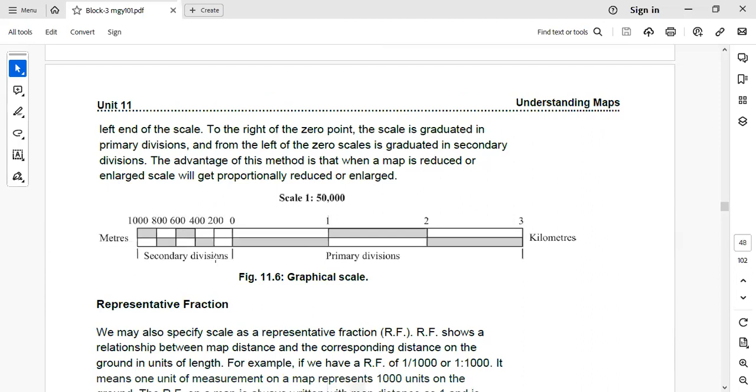On the left side, there is a zone divided into sub-zones, and this division is known as the string. We have 1 to 3 kilometers, and this division is known as the primary division.